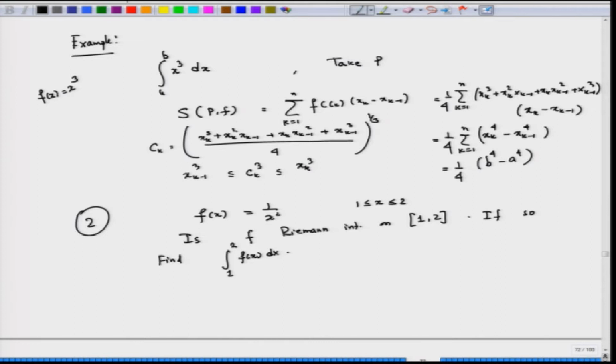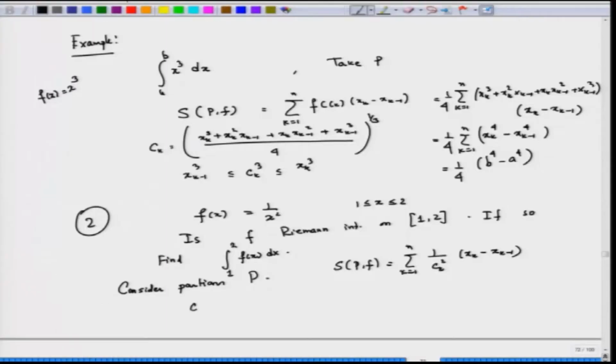Now, in order to do that, we need to consider any partition P. Now, S_P of f is equal to the summation over k from 1 to n of f of c_k, that is 1 by c_k square, times x_k minus x_{k-1}, where c_k is between x_{k-1} and x_k.